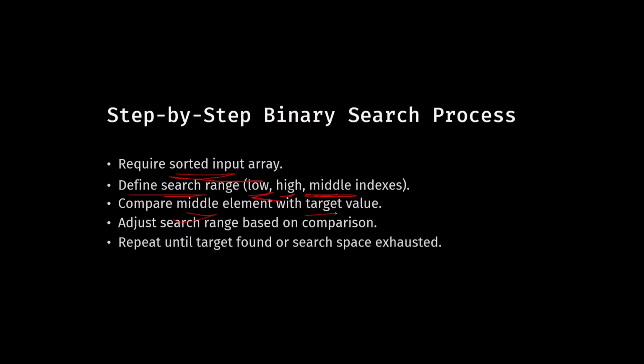The target variable is what we are searching for. Next, we adjust the search ranges based on the comparison, and we repeat this until the target is found. Otherwise, our program will return that the element is not found.